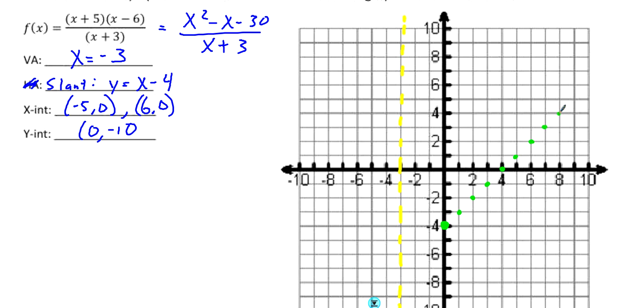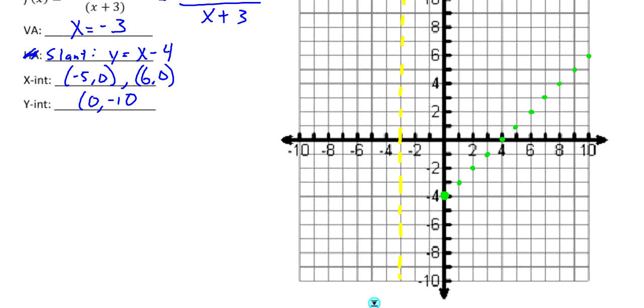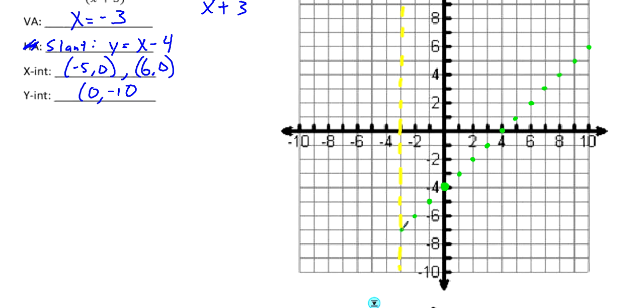So here is my slant asymptote. My x-intercepts are at negative 5 and positive 6, and negative 10 is my y-intercept.